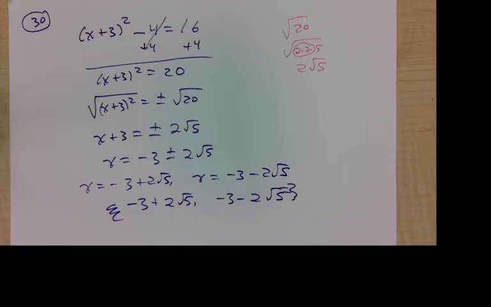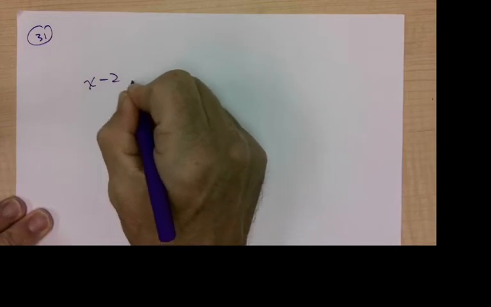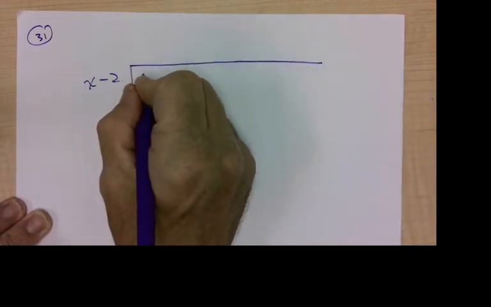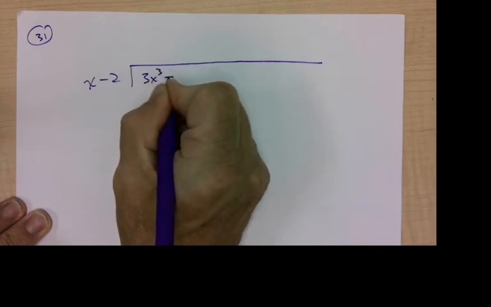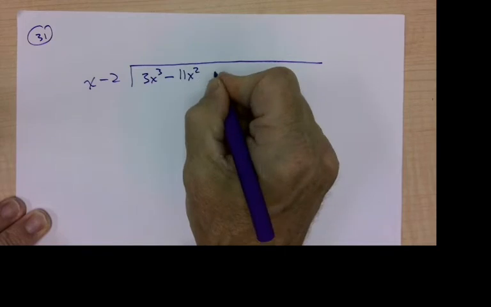Moving on to 31, we have a polynomial long division question. So let's try that. We have x minus 2 for number 31, x minus 2 into 3x cubed minus 11x squared plus 12x minus 4.